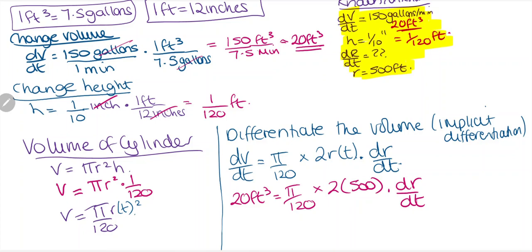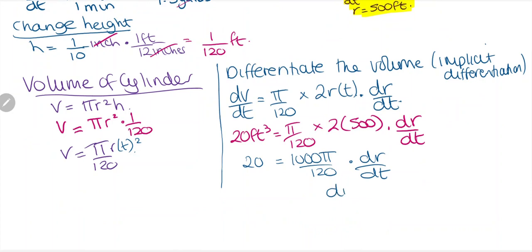Multiplying and rearranging our equation, we should have 20 is equal to 2 times 500, so that's 1,000 pi divided by 120. So dr/dt is going to be 120 multiplied by 20 divided by 1,000 pi.